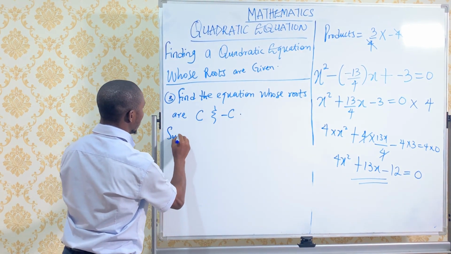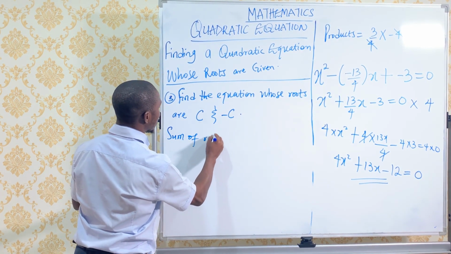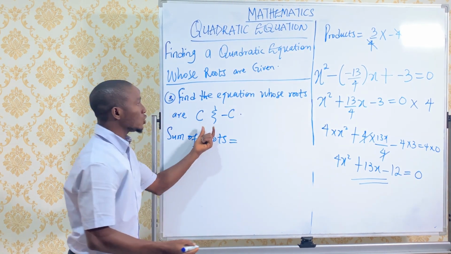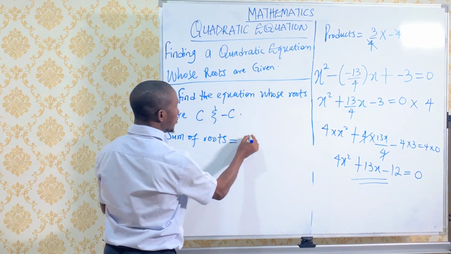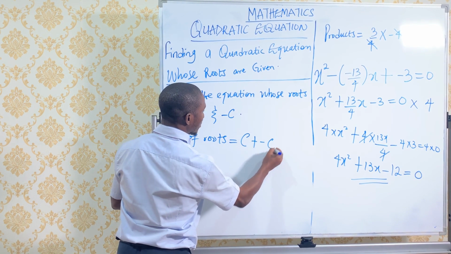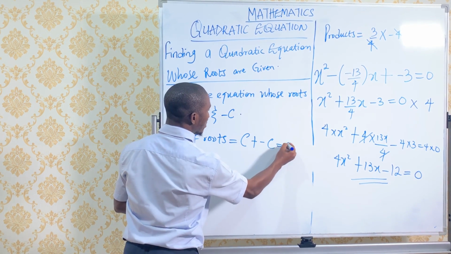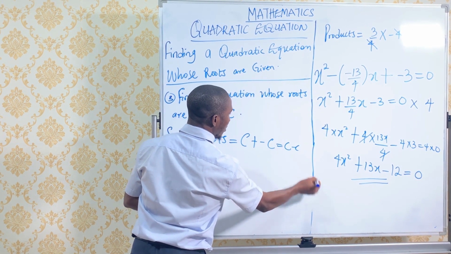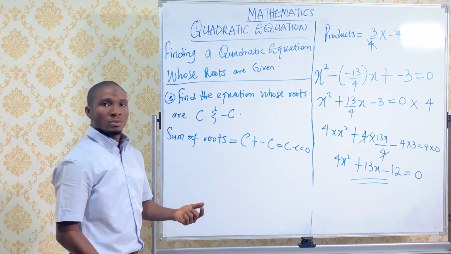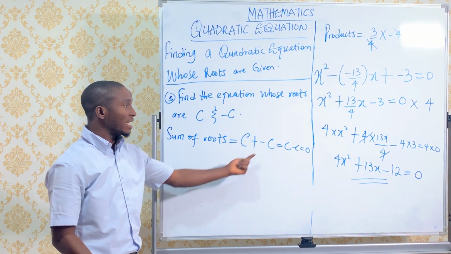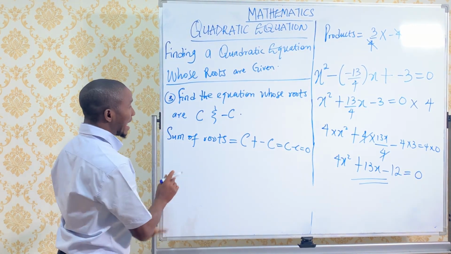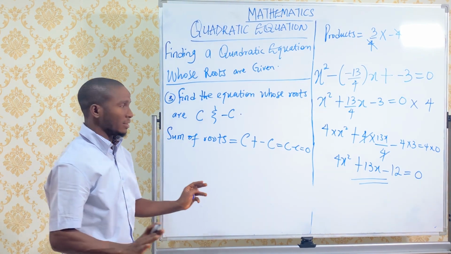The sum of the roots means we add the two of them together. That will be c plus minus c, which gives c minus c, and that gives us 0. We can see that the sum of the roots here is 0. That does not mean the question is wrong; the question is correct.